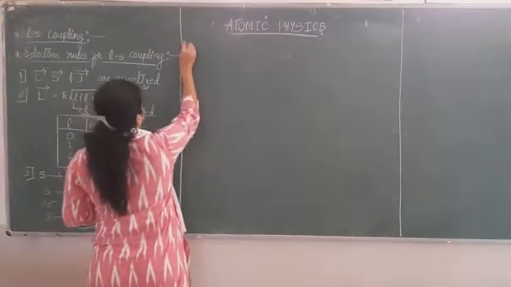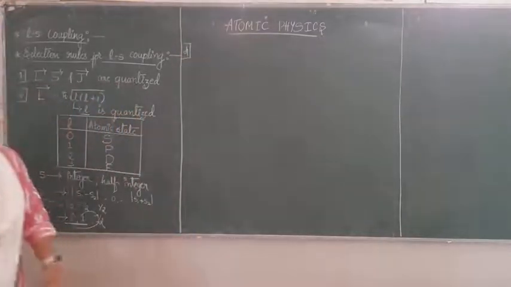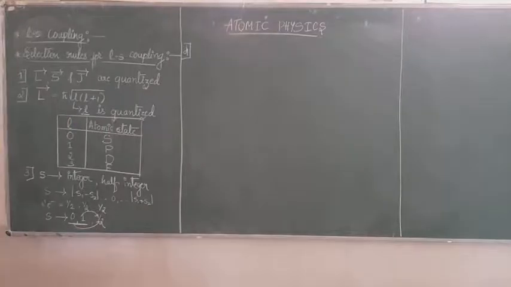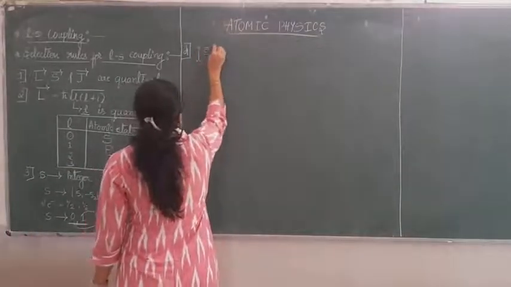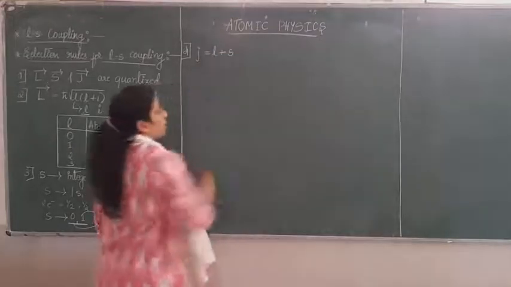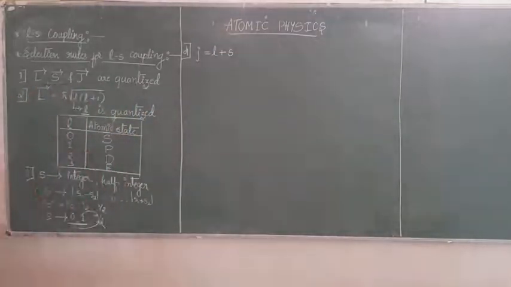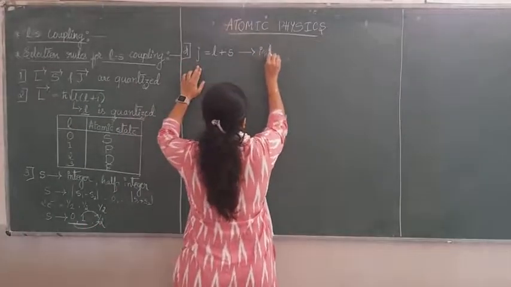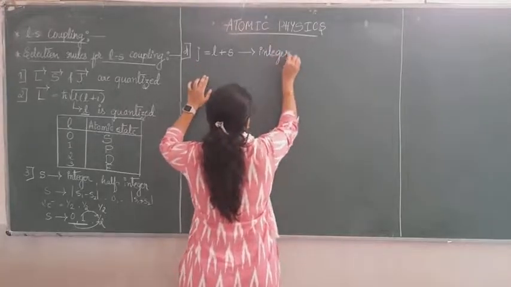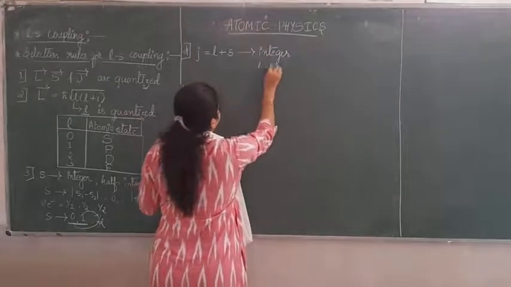So the fourth selection rule for LS coupling is the resultant total angular momentum quantum number J. It can be an integer or it can be a half integer.